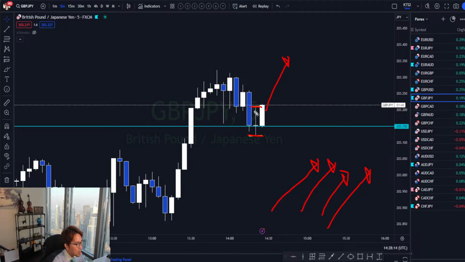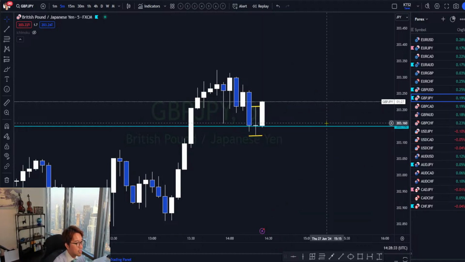And if it closes above the doji, then if you enter buy, let's say, the stop loss is going to be below the previous support. But let's see how it closes in the next 1 minute and 30 seconds.